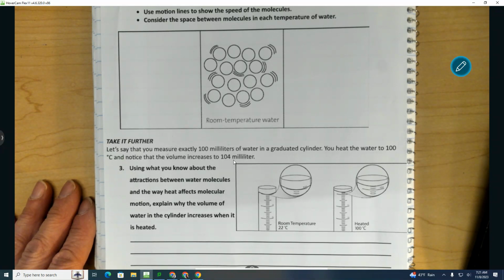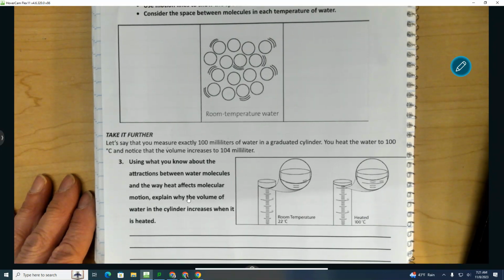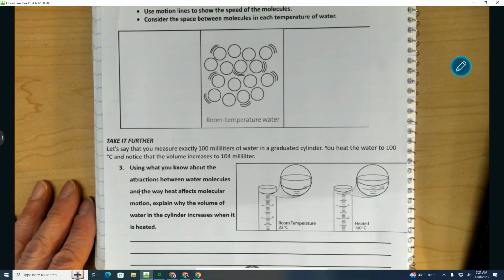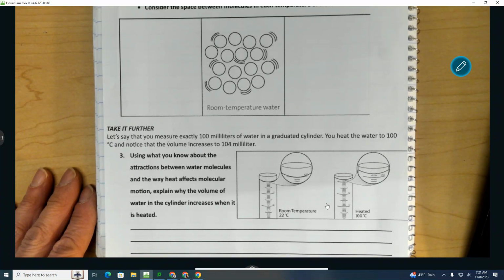All you did was heat up the water. So using what you know about attractions between water molecules and the way heat affects molecular motion that we learned in our simulation and that we learned in our videos, explain why the volume of water in your heated cylinder increases when it's heated. And you will answer that at the bottom there.